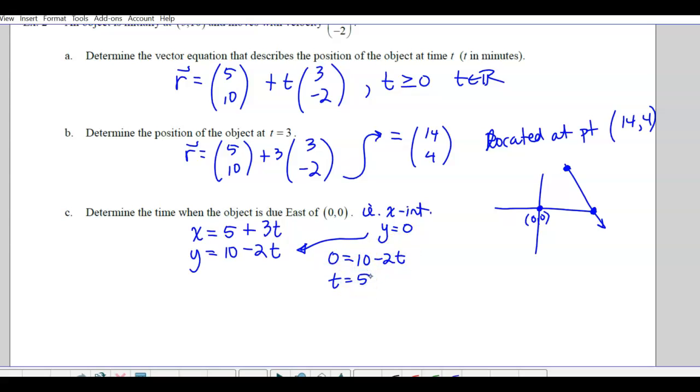Okay, and time is going to be 5 minutes. Okay. You could then put it back in for x to get the location. That would be 20. It didn't say meters or not, so it didn't ask for that, but you could do that.